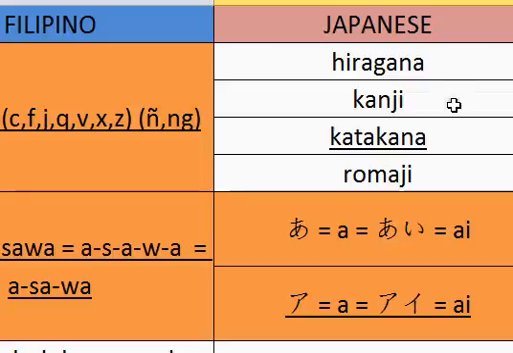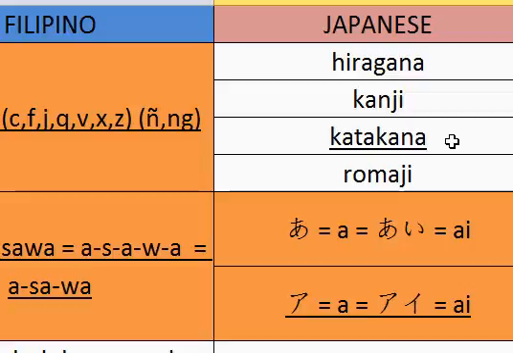I won't be explaining that anymore since I believe that if you're watching this, you already have basic knowledge of the Filipino and Japanese languages. If not, you could read some from others, but in this video, I won't be explaining that.